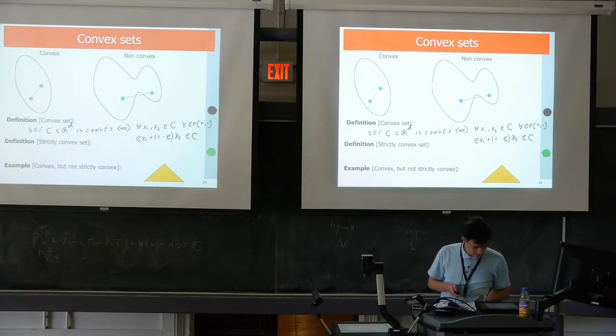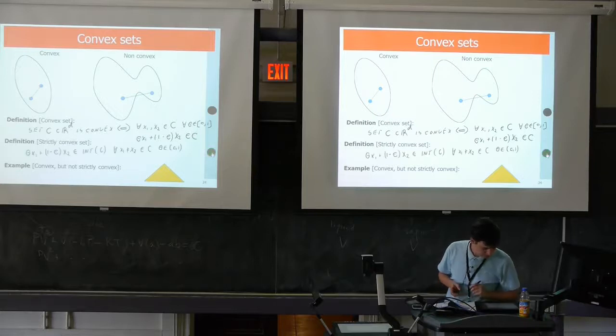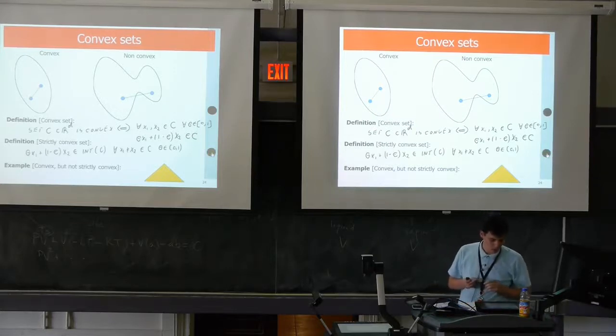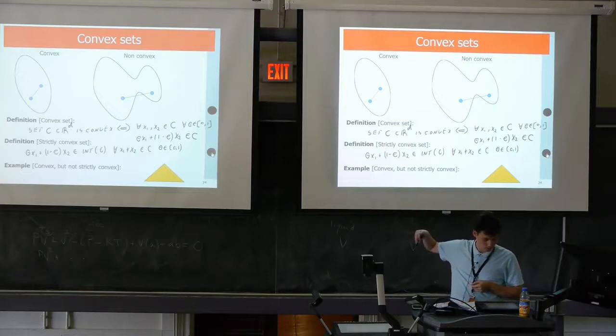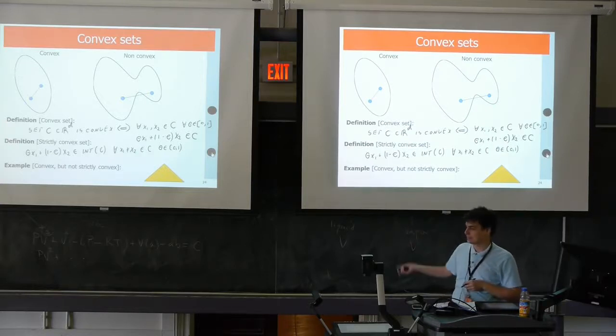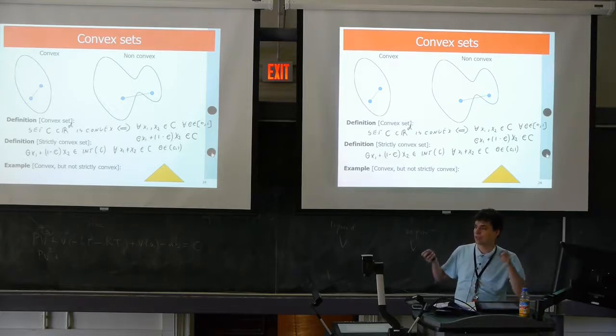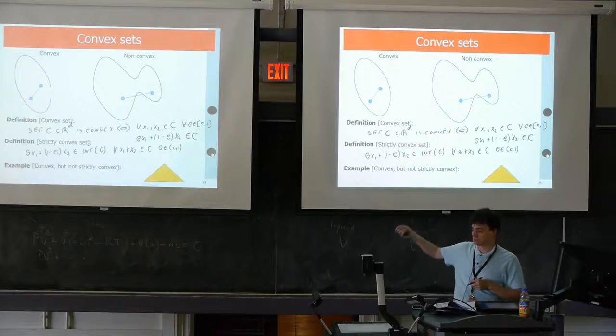We will say that a set C is strictly convex if the open line segment between x1 and x2 is in the interior of set C. So I choose x1 and x2 from set C, and the open line segment should be in set C as well.